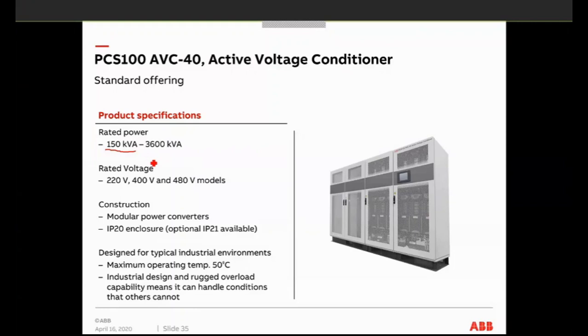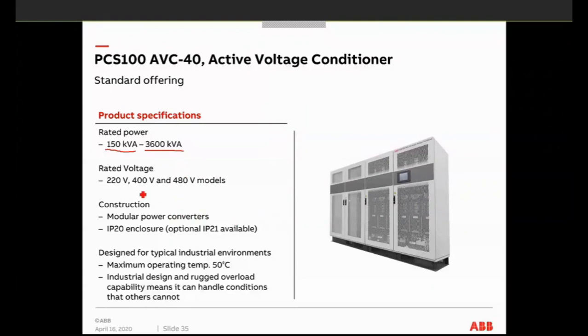So typically, what we're trying to do here is that we are solving all the power quality issues of the load side. This is not a per component solution, but a whole system solution, right? So this one has a different approach than the UPS.